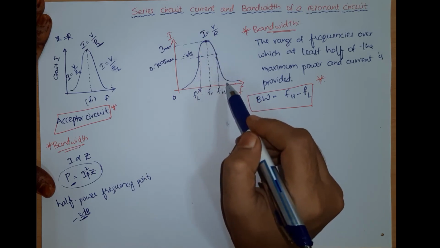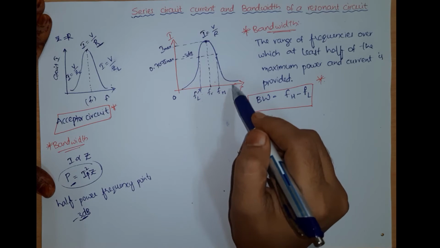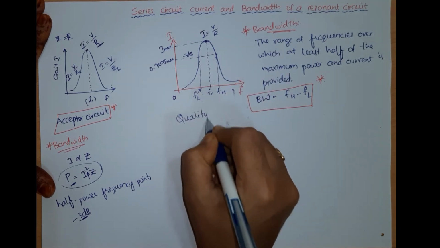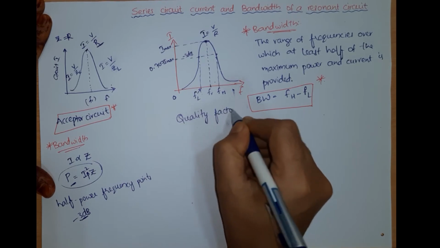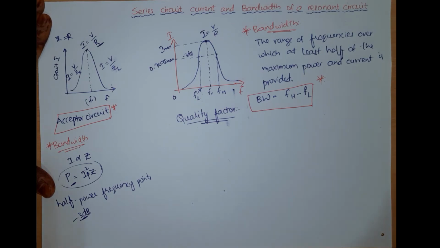The sharpness of the peak in the frequency response curve is measured quantitatively. This is called the quality factor. It is nothing but how sharp that curve is. Now, to define the quality factor, it is the maximum peak energy stored. Let me write it down.